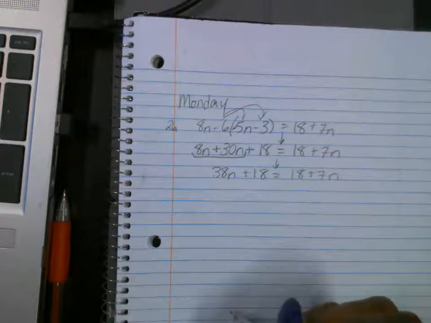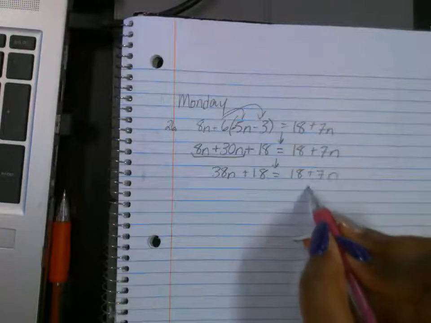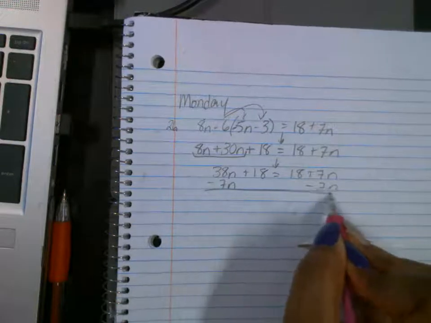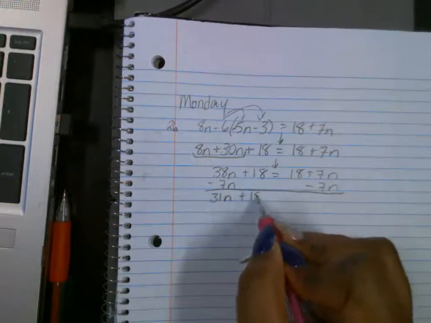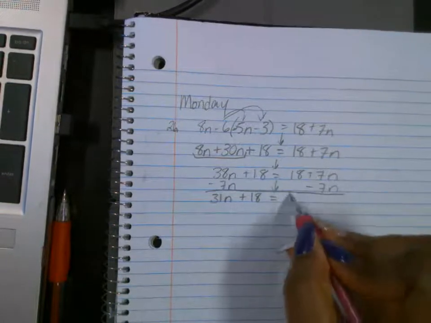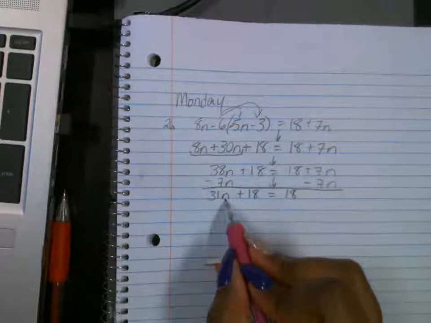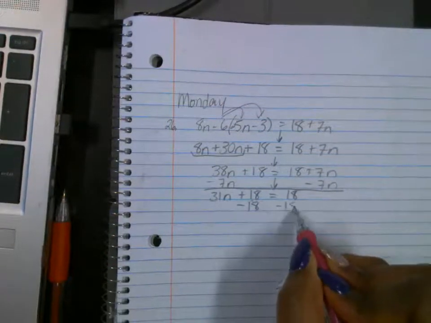Now we're going to move the variables to the same side. This is a smaller term, so I'm going to subtract 7n. This is going to give us 31n plus 18 is equal to, and then here we got 18. In order to isolate n, we're going to move this positive 18 by subtracting 18 on both sides.